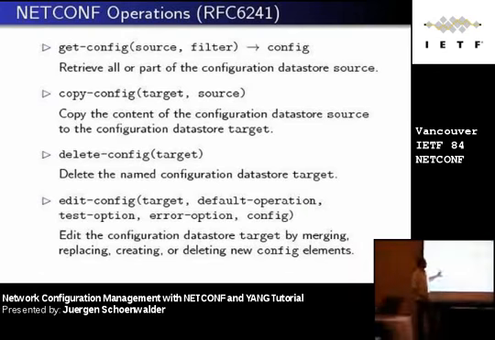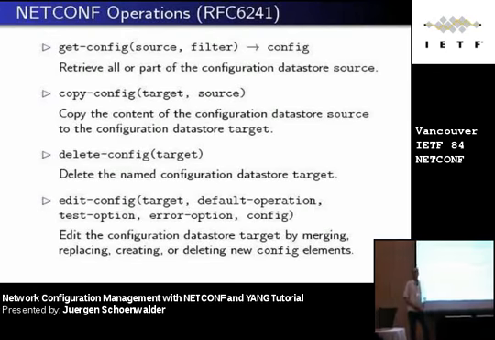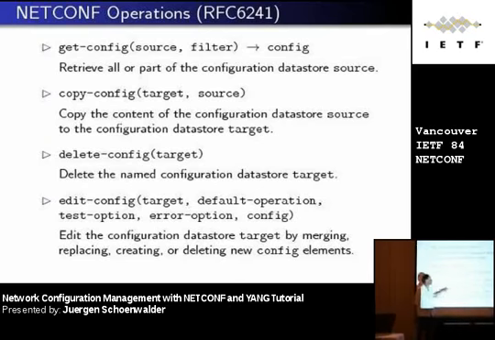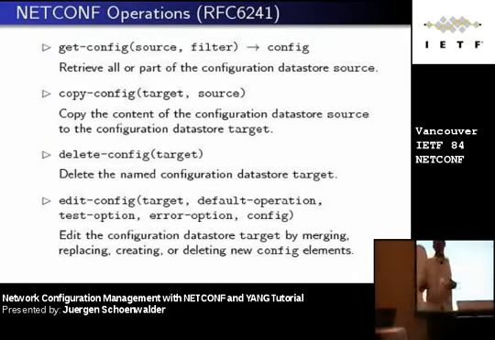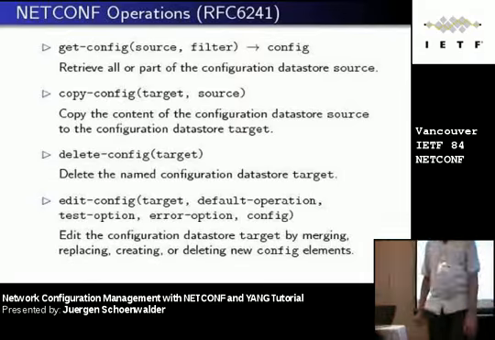The same for the test option. You can run validation tests. You can select whether they are being executed or not. So that's a way of setting this as well. All these arguments here in the middle have defaults, so if you don't care, then edit config really boils down to target and config as arguments.